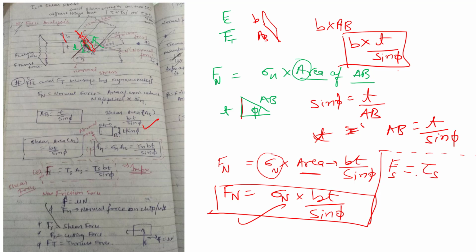So using shear stress into shear area. The area would be constant. Whatever was the area for the normal stress, the same will be the area for the shear stress also, which is BT by sine phi. So Fs is equal to tau s into BT by sine phi.